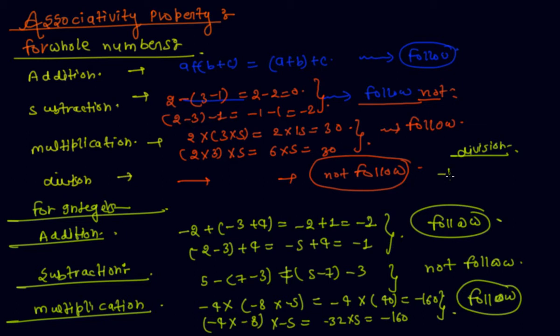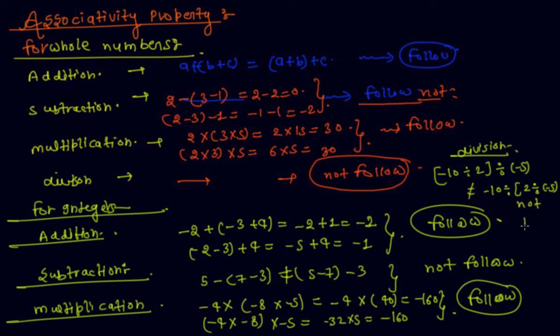In the case of division, let's take minus 10 divided by (2 divided by minus 5), which is not equal to (minus 10 divided by 2) divided by minus 5. They are not equal.